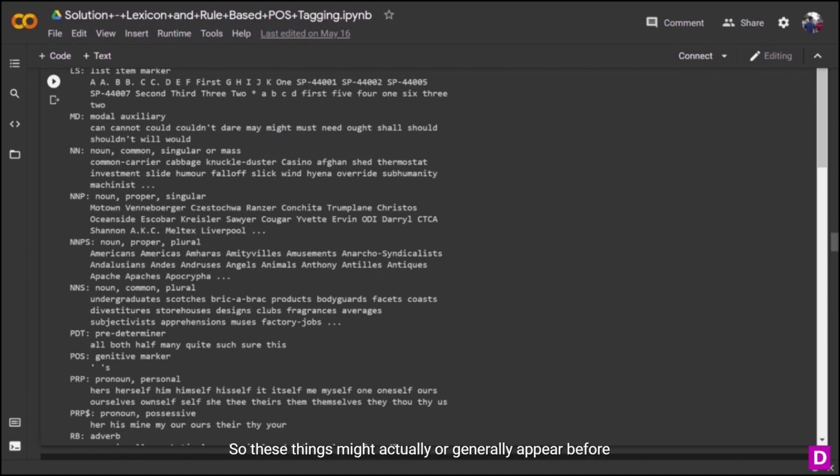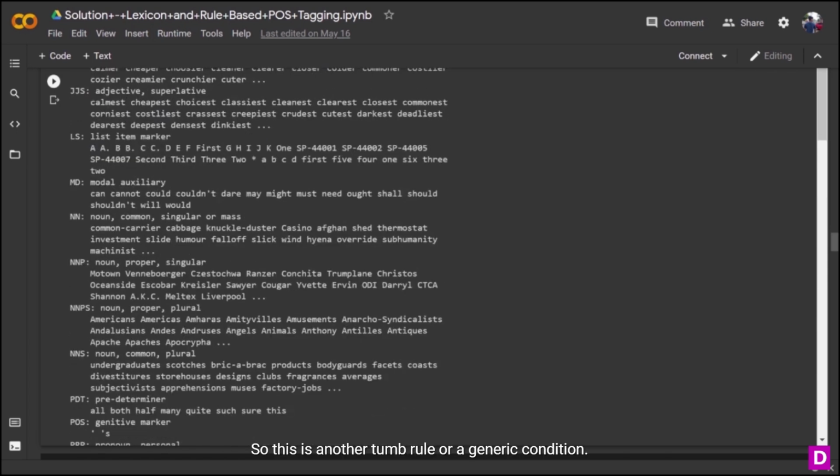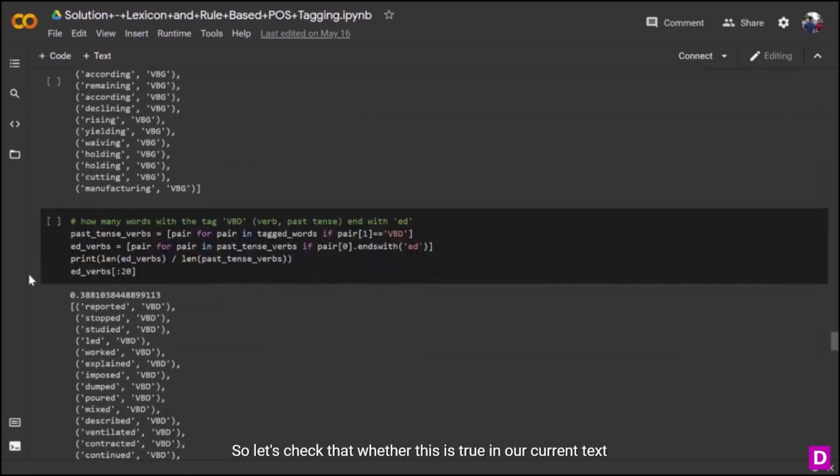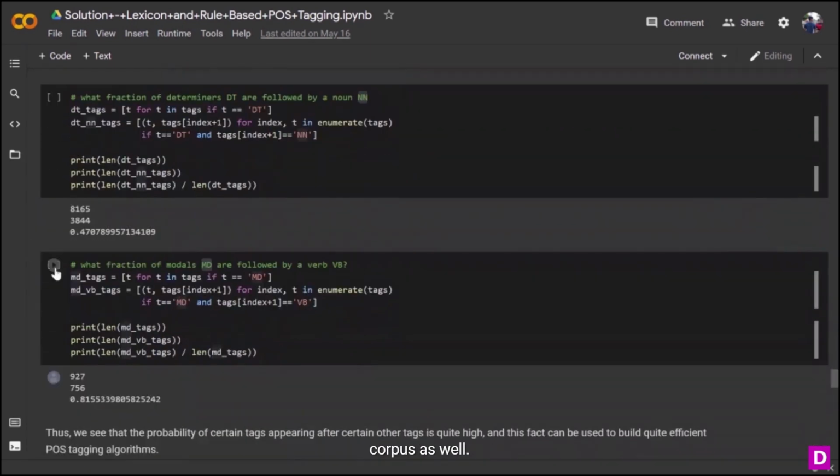These generally appear before any kind of verb, and the verb may be in any tense, past, present, future, anything, but there is a high chance that these modal auxiliary words appear before the verbs. So this is another thumb rule or generic condition. Let's check whether this is true in our current text corpus as well.